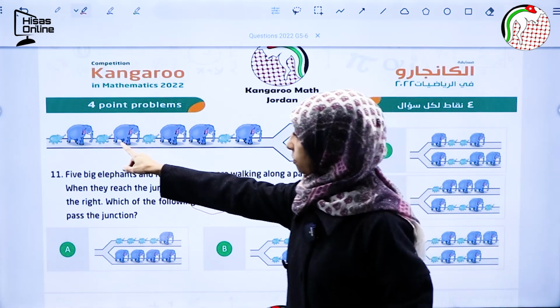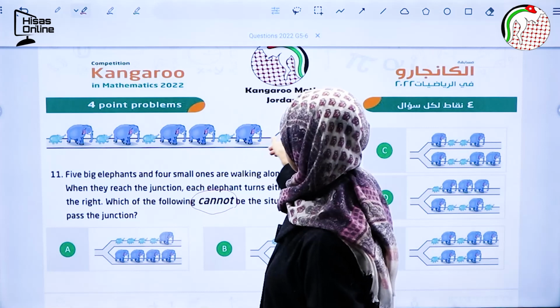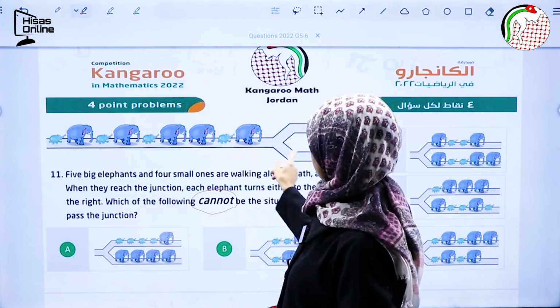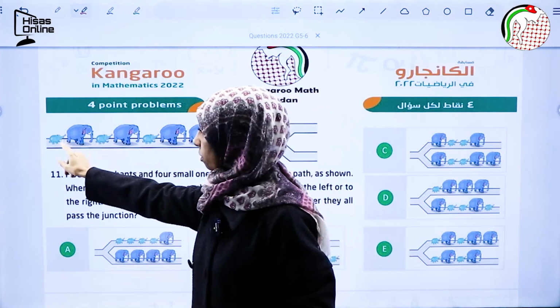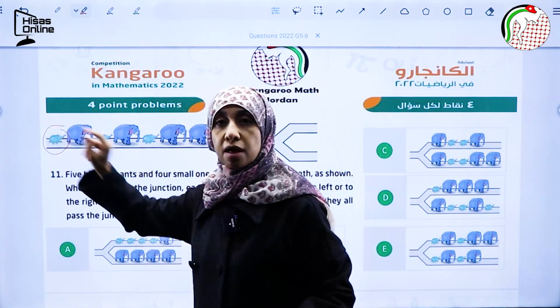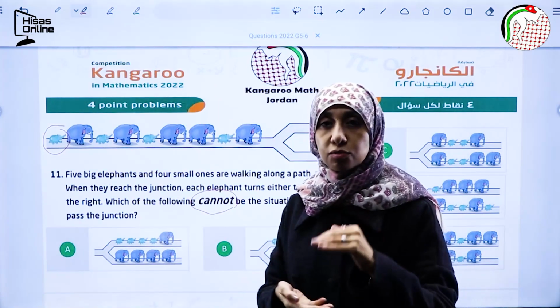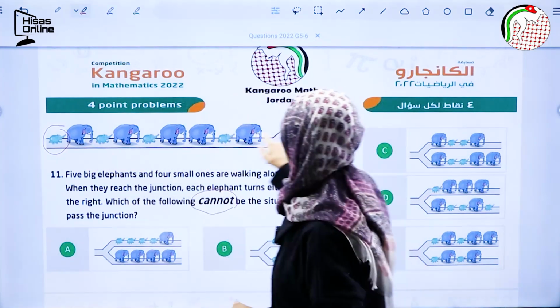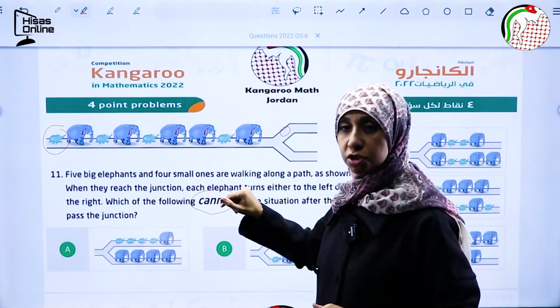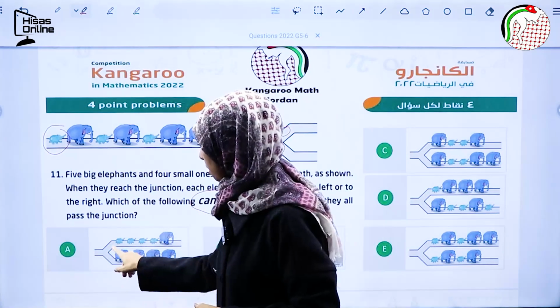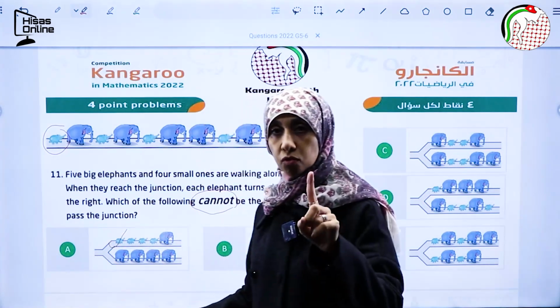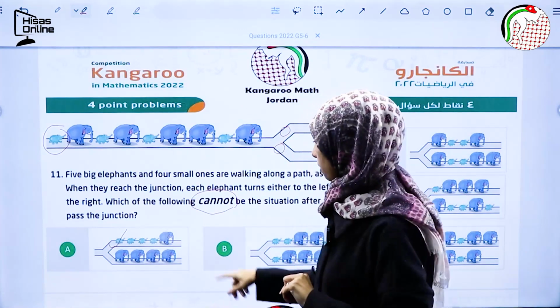If you look at the elephants here, starting with the big one, then the small, maybe big, another big, and so forth. At the end, I must see a small elephant appear either at the end of this junction or on the other side. Now let's see the options. This one has one small elephant at the end.